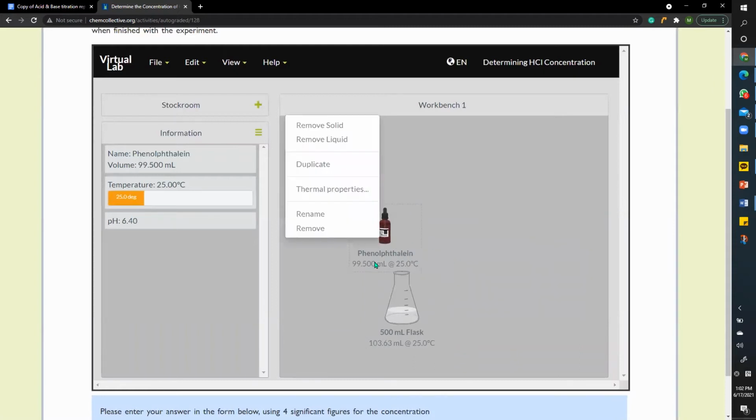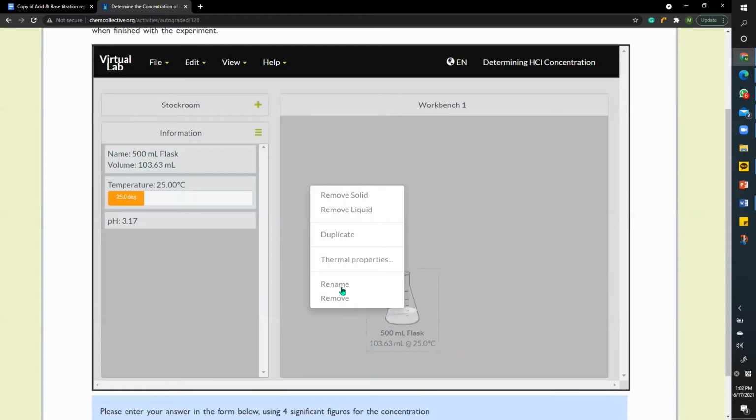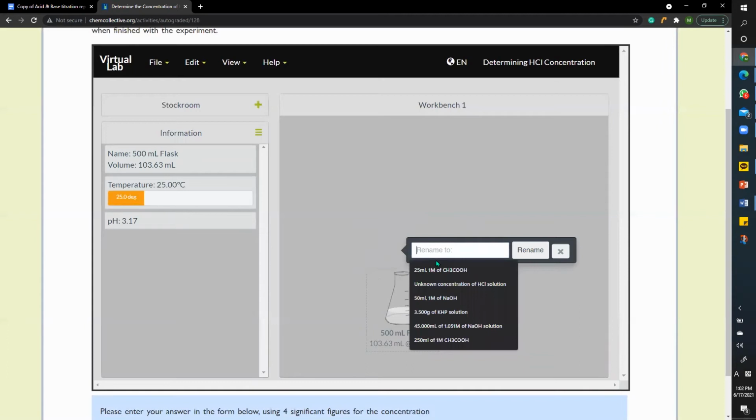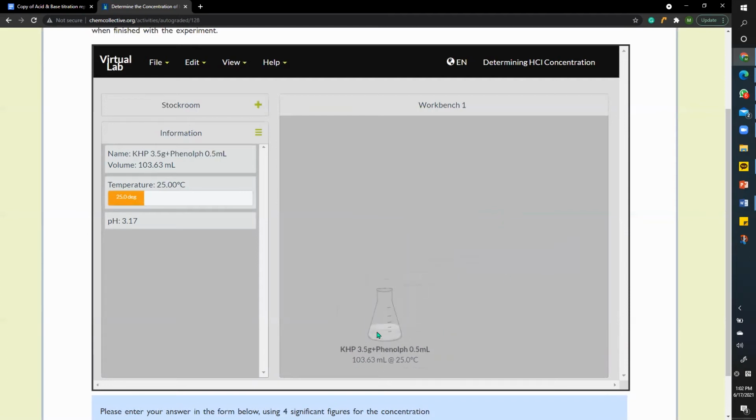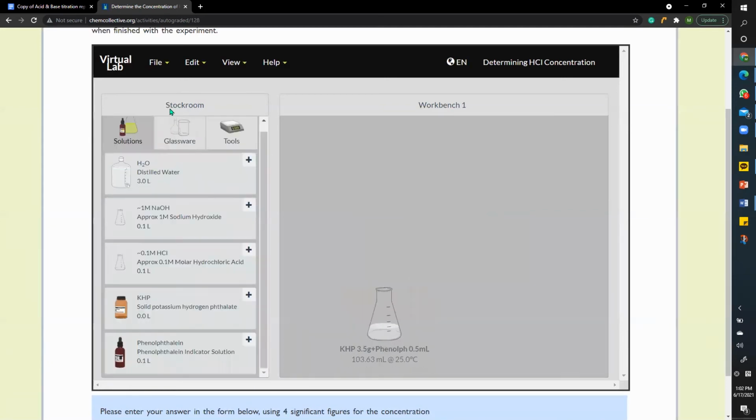Yes. Then I can remove this. Rename this as KHP 3.5 gram plus phenolphthalein 0.5 milliliter, like this. Okay, so the solution is made.